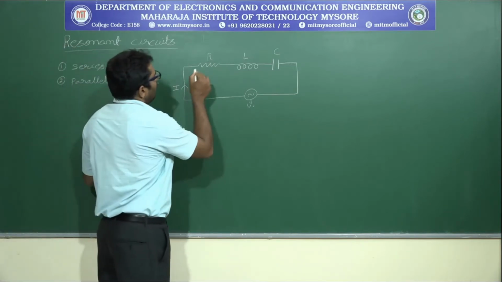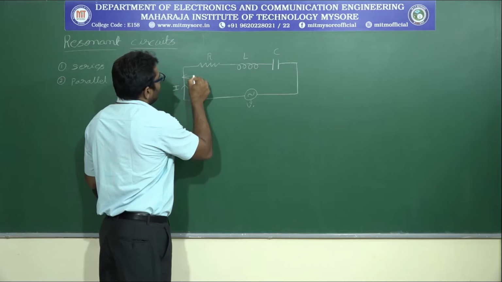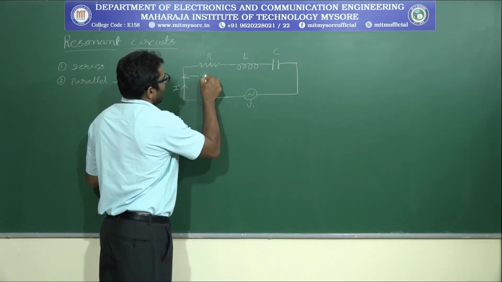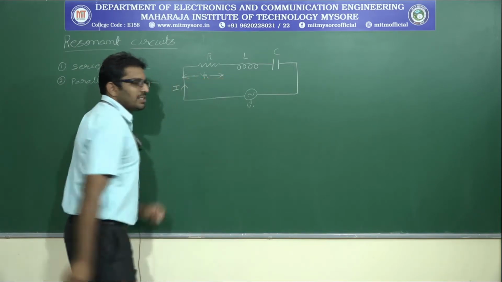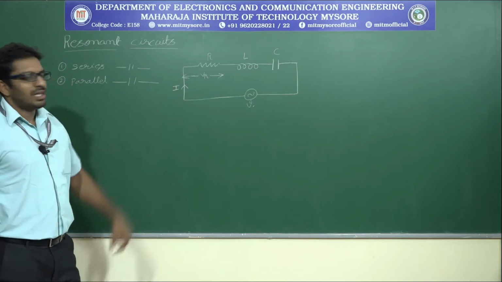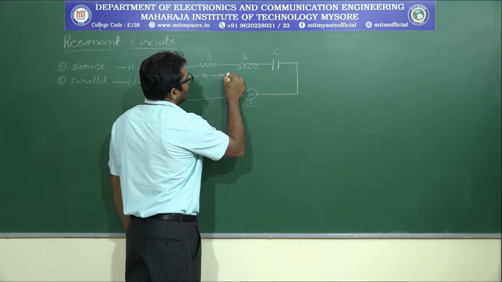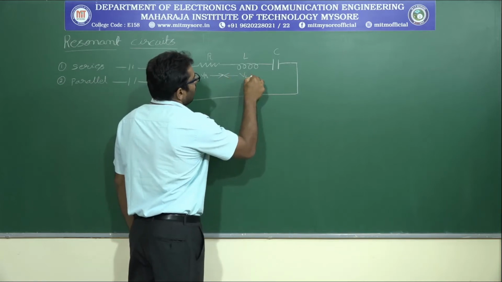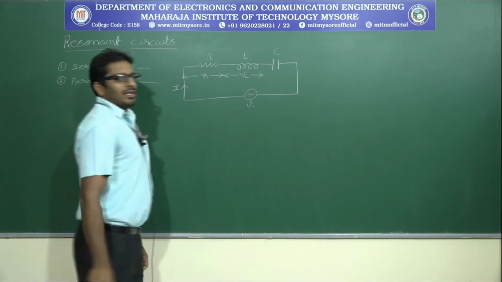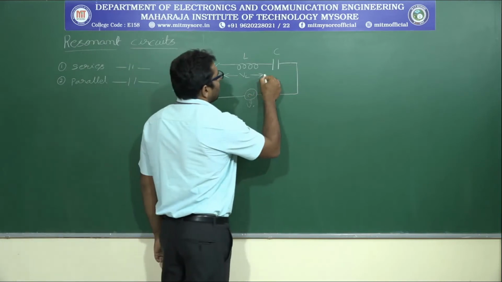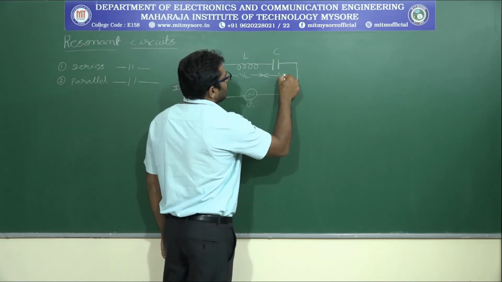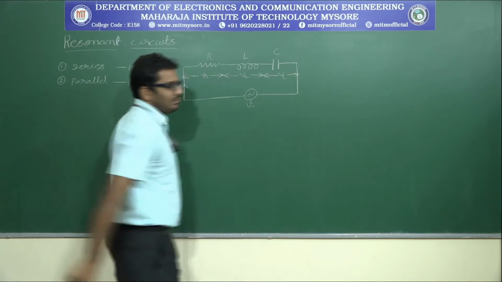Next, the voltage across the resistor is denoted by VR. Voltage across the inductor is denoted by VL. Last one, voltage across the capacitor is denoted by VC.